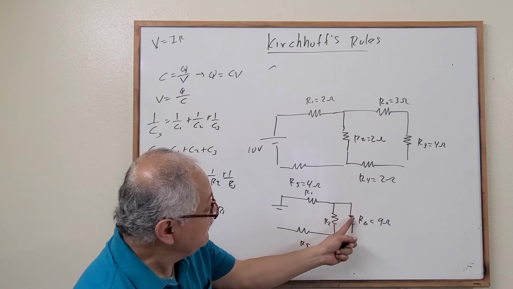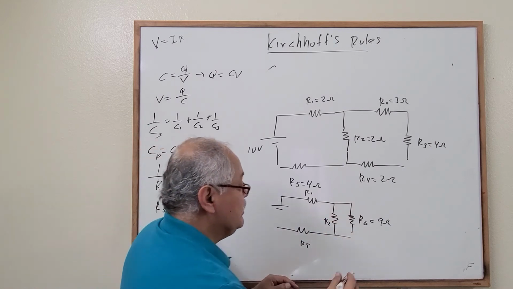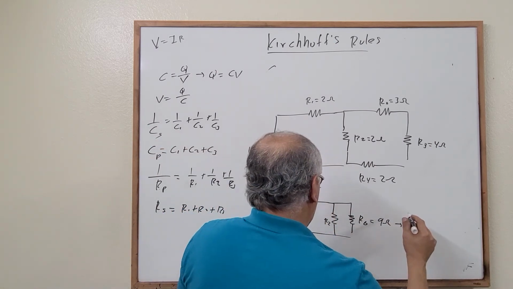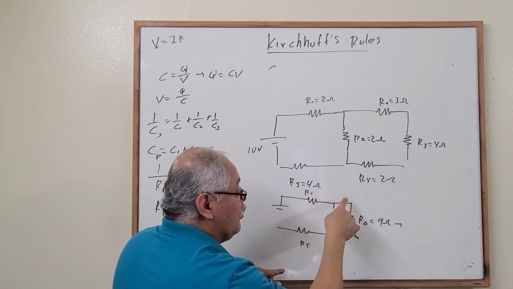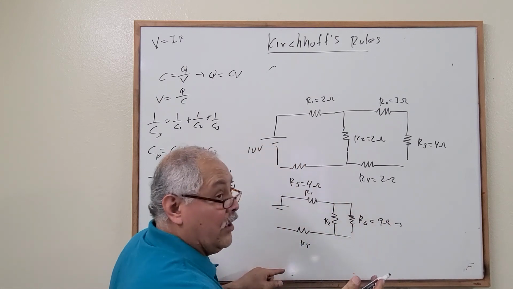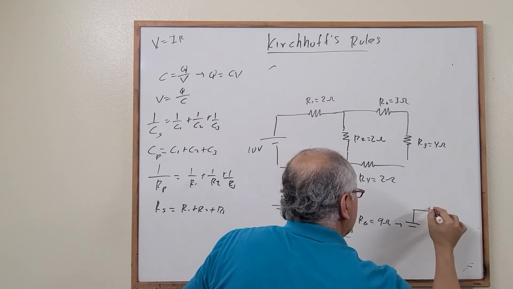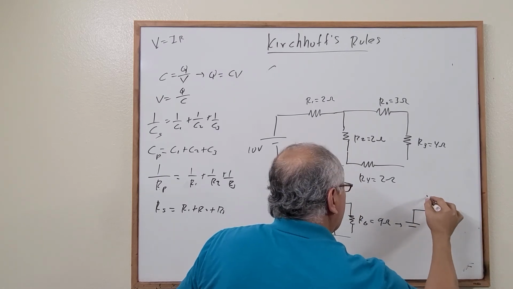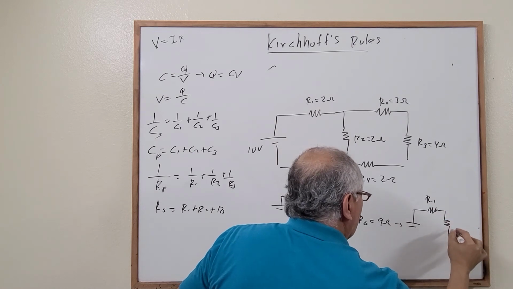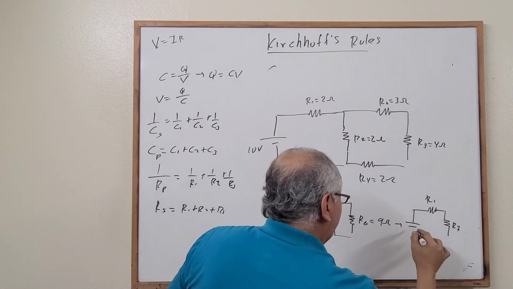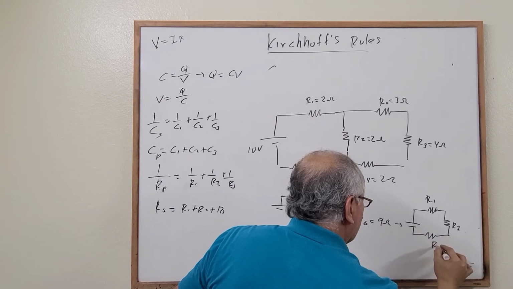These two are in parallel. Okay, so what do we have then? Well, we make only one, the equivalent for this one, and we call it, let's say, R7. Okay, so this stays the same. It's going to be R1. Now let's find R7, and R5 stays the same.